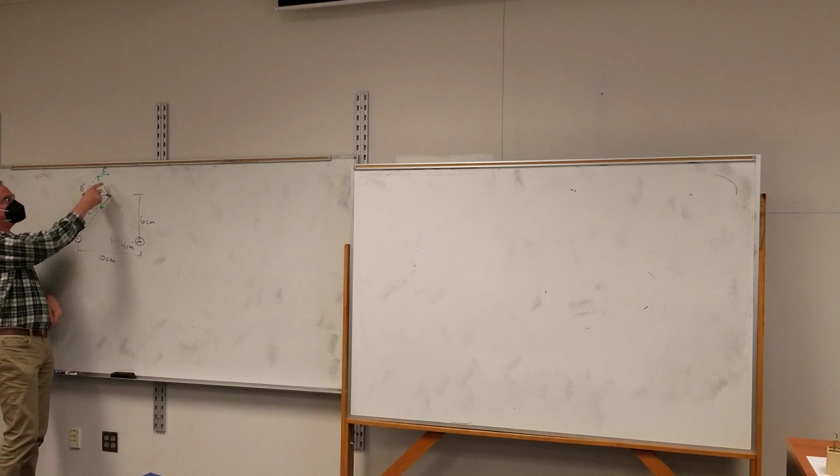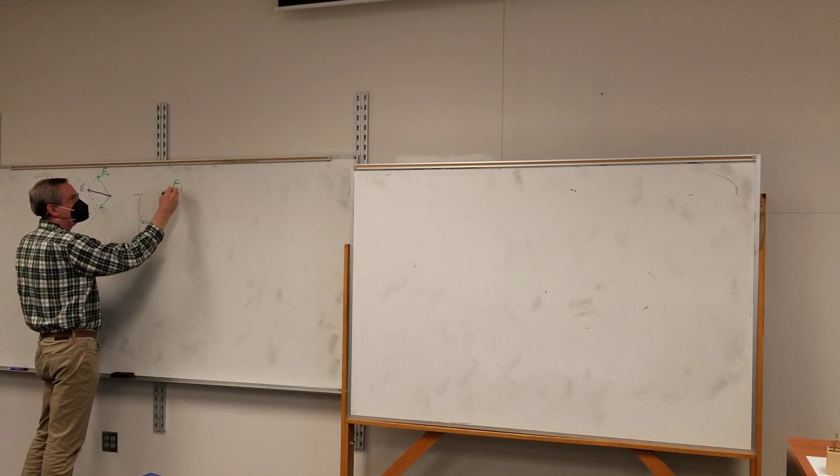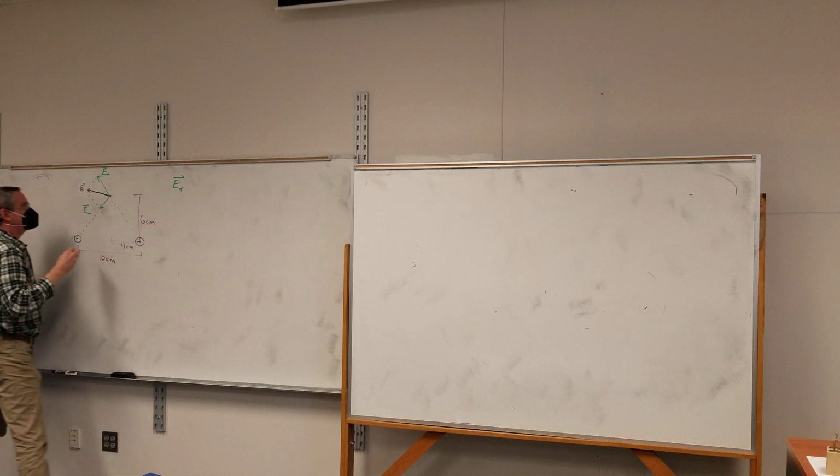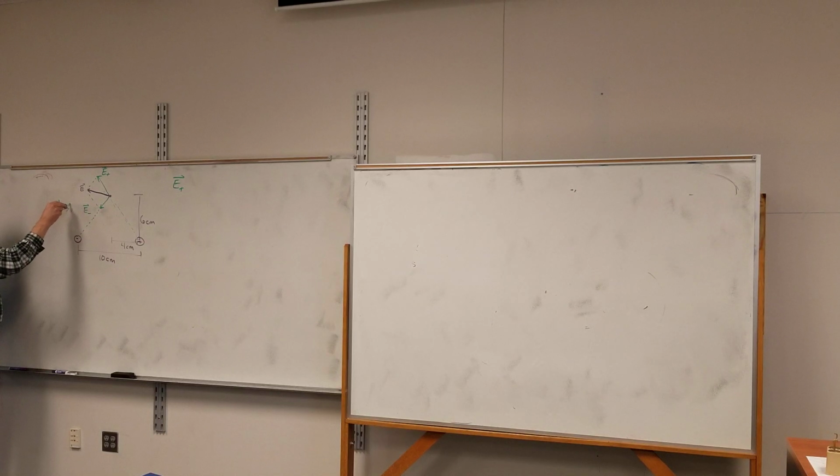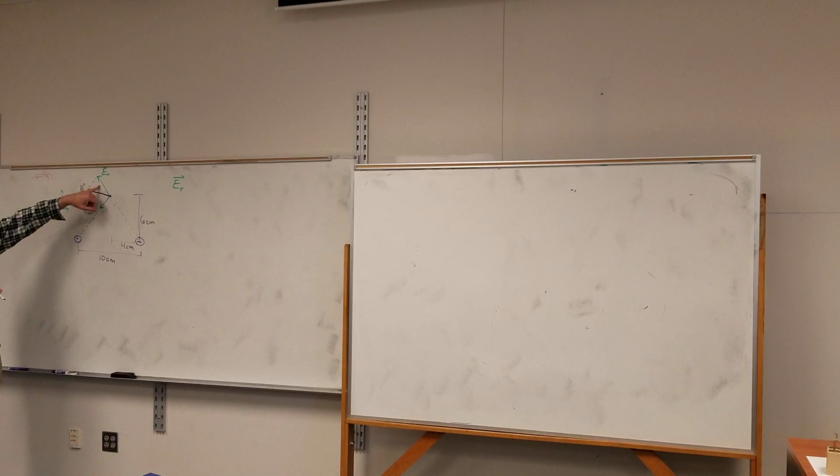So let's first take a look at E plus. Let's establish a coordinate system, i hat and j hat. So how do I find the magnitude of the electric field at this point?